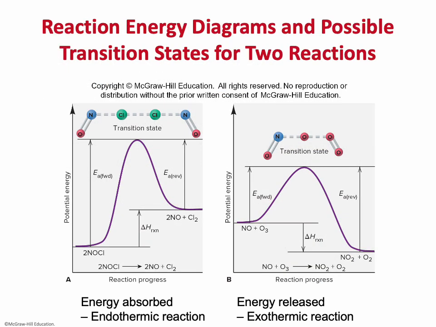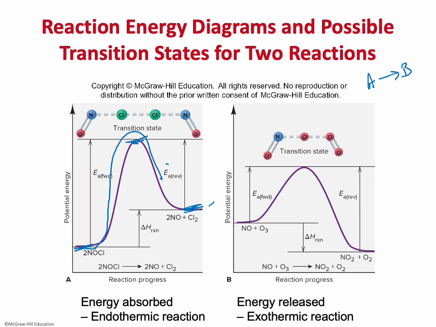For instance, for any reaction to occur, if A is changing into B, it does not occur directly. It usually follows a path that looks like this. If this is the energy of the reactant in the beginning, and this is the energy of the products, usually for a reaction the reactants need to gain a very high amount of energy, reach a particular state, and then get back into product.